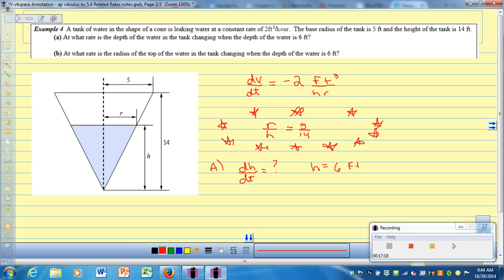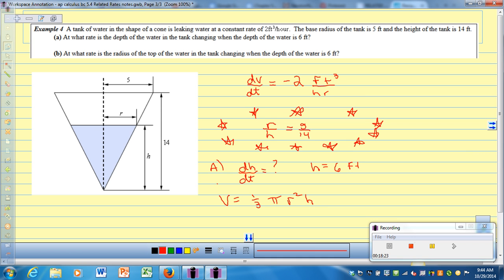Okay, moving on. So now, back to volume of a cone. It is 1/3 pi r squared h. All right. So now you see we have two variables, yes?